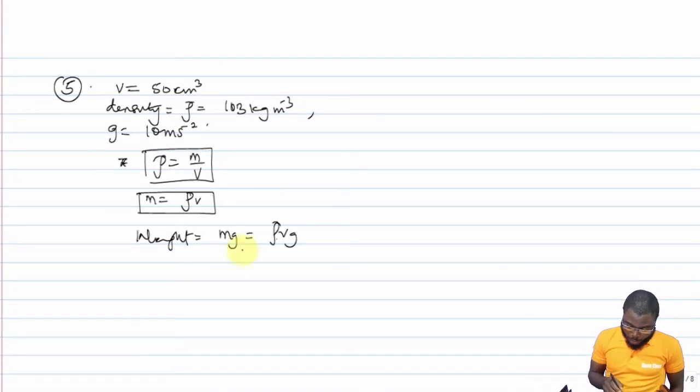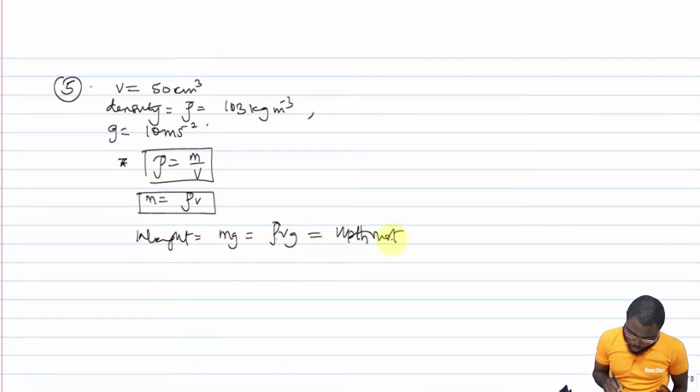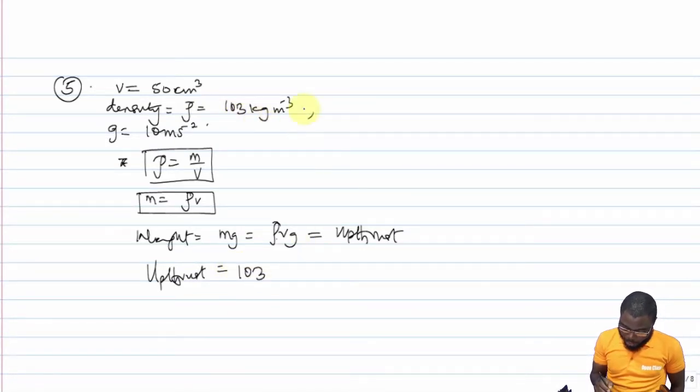So we have weight equal to rho Vg, and this is equal to my upthrust. Therefore, upthrust equals rho, that's the density, 10^3 kilogram per meter cube, times V. This has to go through SI units.